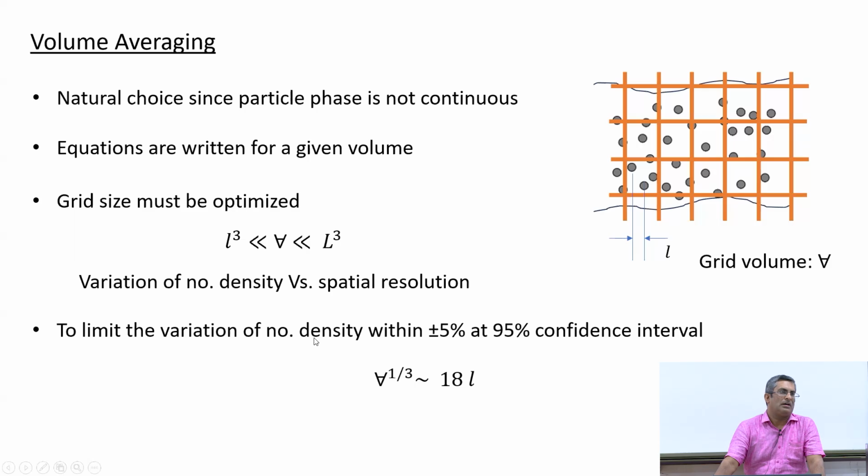Through a theoretical analysis. So if the grid size is of this order, that ensures that you don't have fluctuation in the particle number density because of the choice of the grid.